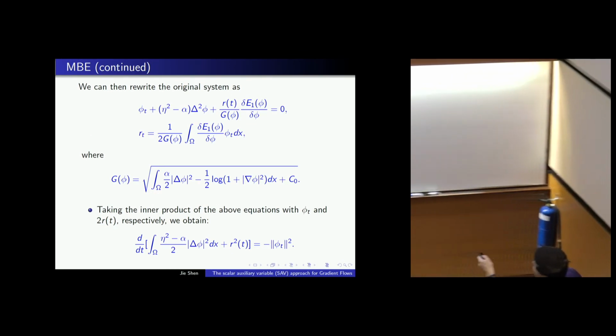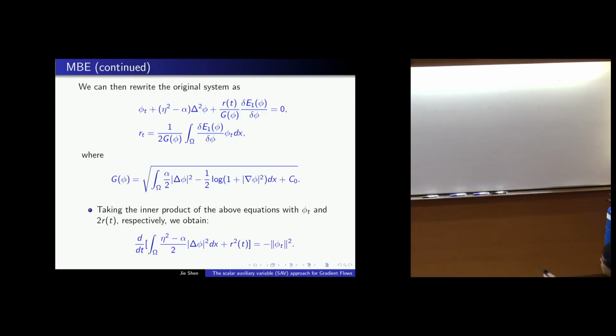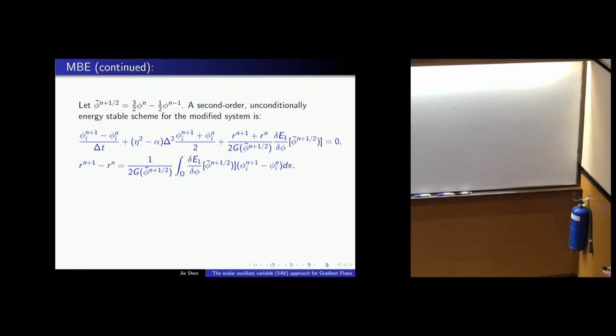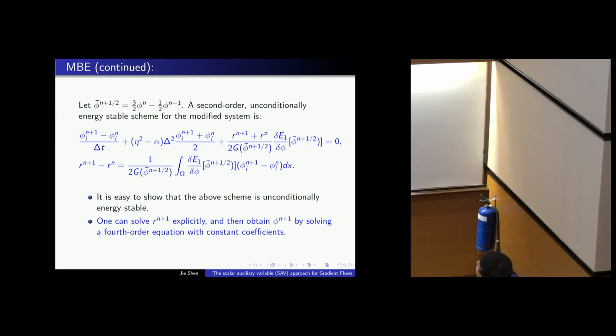Okay, so you just introduce a RT to be this part, and you split the energy function to be this part plus this part, right? This part you deal with implicitly, and this part you deal with explicitly in a numerical scheme.